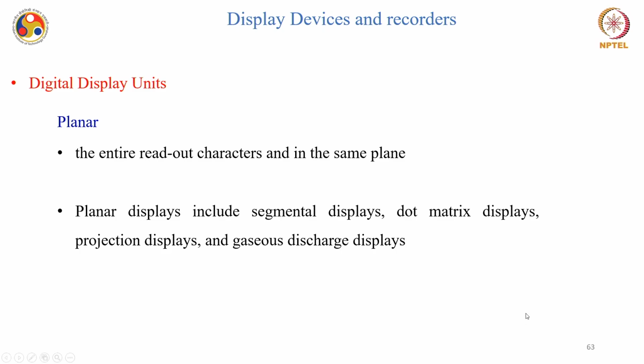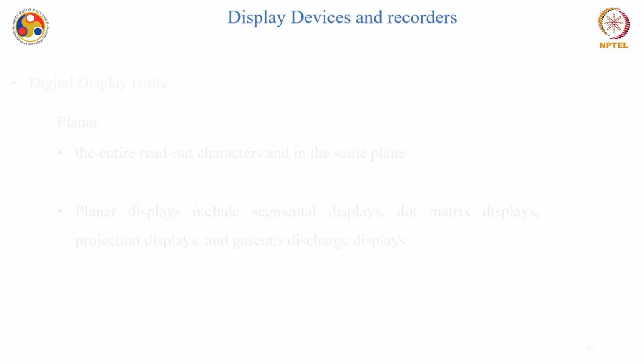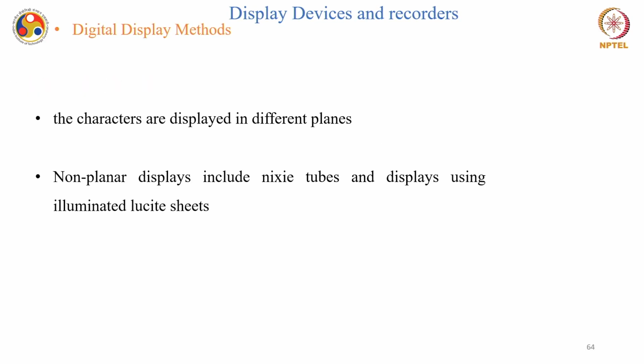Examples of planar displays are segmental displays, dot matrix displays, projection displays, and some of the gaseous discharge displays. The characters are displayed in different planes in case of non-planar devices. The non-planar display includes Nixie tubes and displays using illuminated lucite sheets.